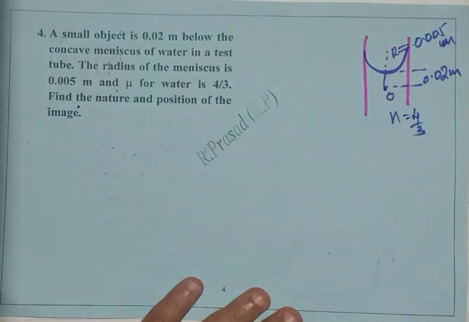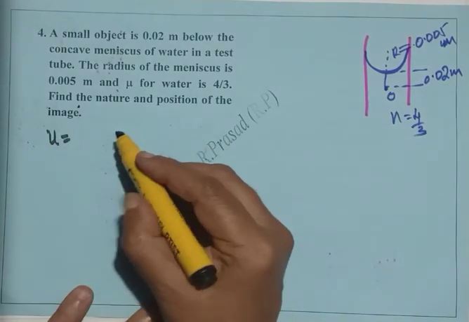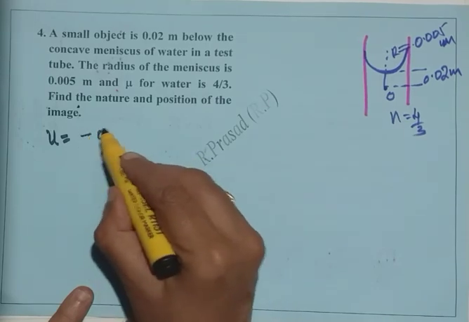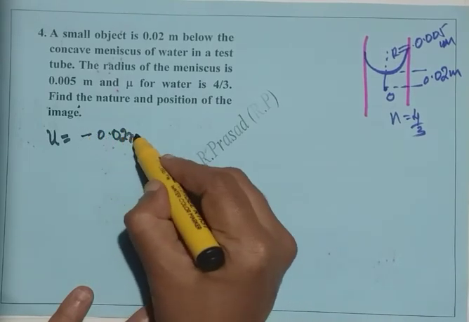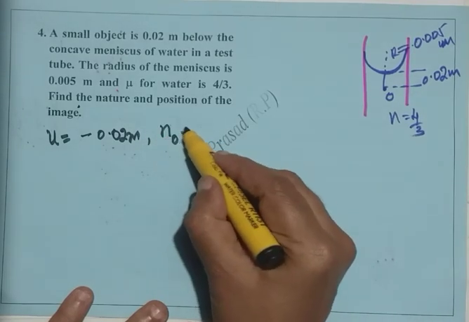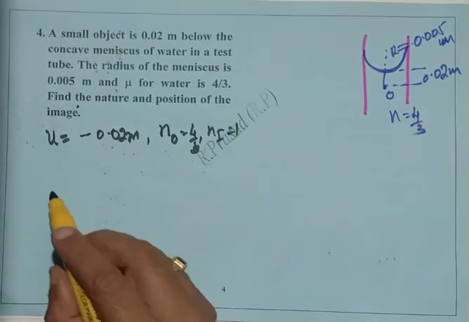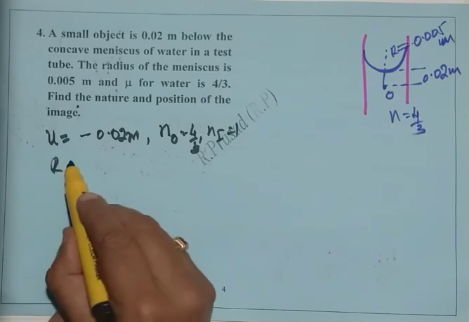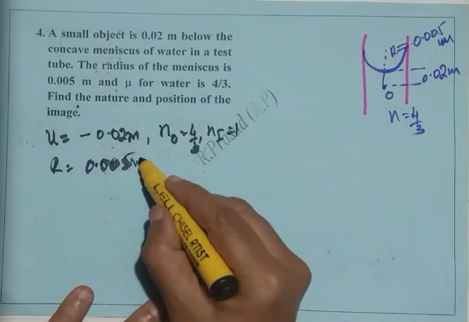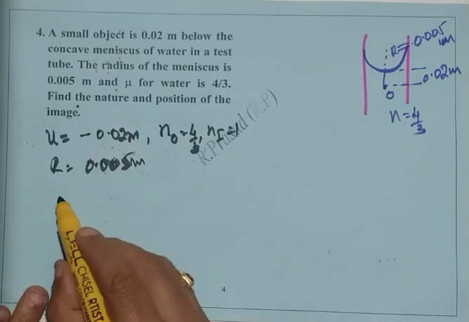We start solving the things there. Say U is minus 0.02 meters and N O 4 by 3, Ni 1, R 0.005 meters. We substitute everything here.